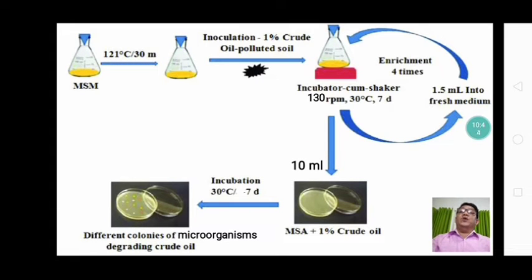MSM with 1% crude oil was used to feed the microorganisms with oil degradation abilities in soil samples. 5 grams of soil samples were cultivated in 250 ml Erlenmeyer flasks containing 100 ml MSM supplemented with 1% crude oil as a source of carbon and energy at 30 degrees Celsius, with shaking at 130 rpm for 7 days. Primary inoculum, 10 ml, was transferred into fresh MSM with 1% crude oil, incubated also for 7 days.